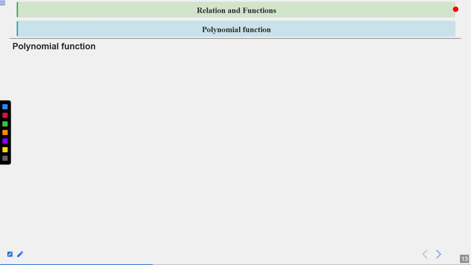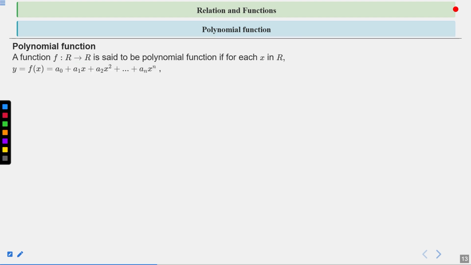Now polynomial function. A function f from R to R is said to be a polynomial function if for each x in the reals we have f(x) is equal to a0 plus a1 x plus a2 x square till an x raised to power n, where n is a non-negative integer and ai belongs to the set of reals.